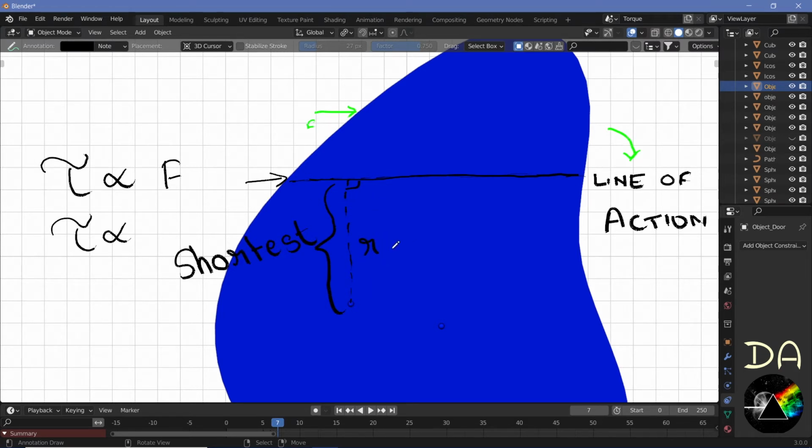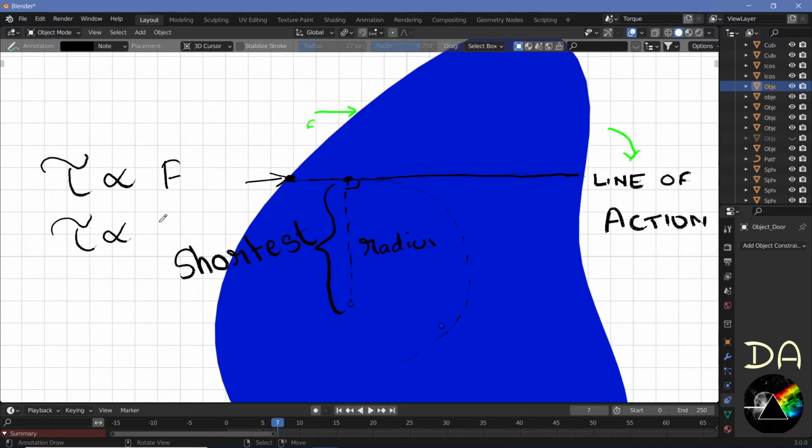And we can actually call that r for radius, because if we were to have a force continually acting at this point, as this object turns, this particular point that we're calculating as the shortest distance would form a circle. And this distance would be the radius of the circle.